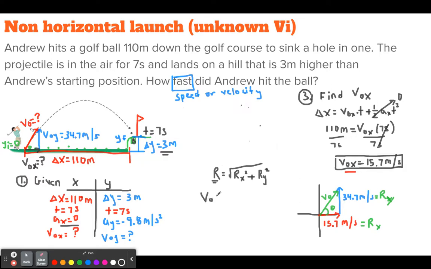So the initial velocity is going to be equal to the square of the x component, which we have 15.7, squared, plus 34.7 squared.